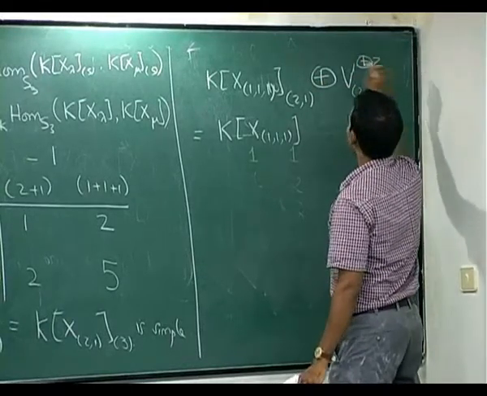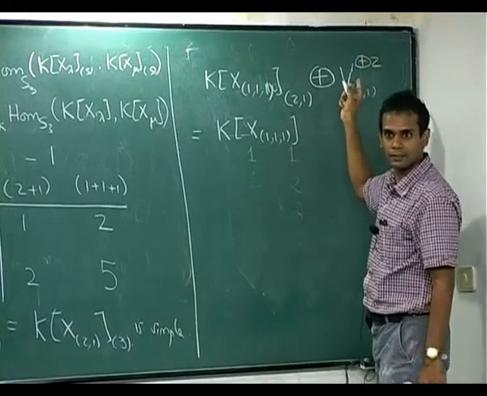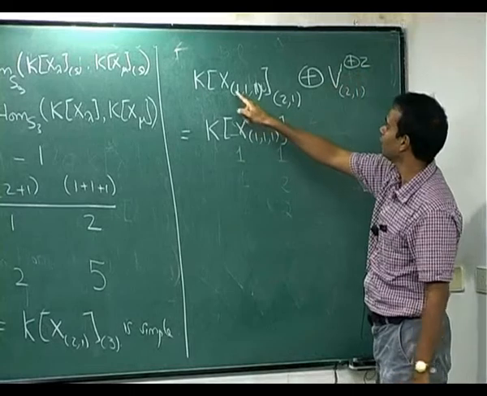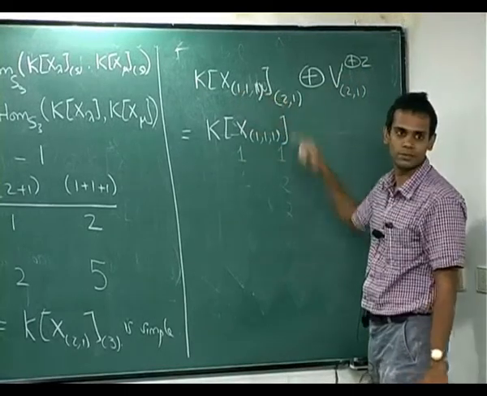This guy occurred twice. So we remove that part, and what's left we call kx11121.